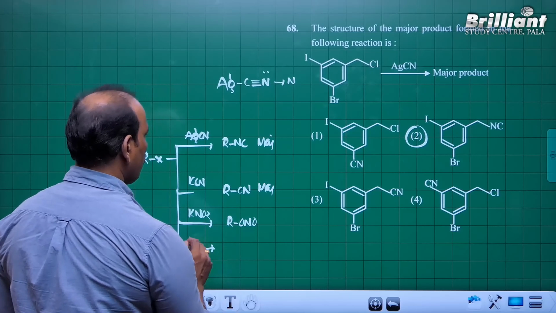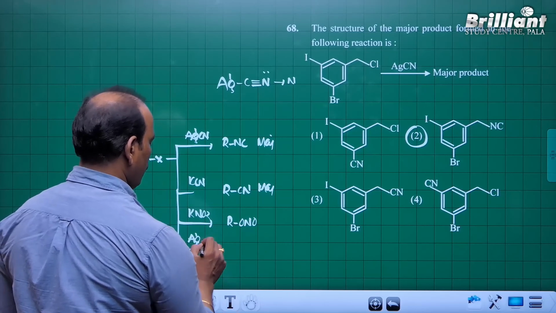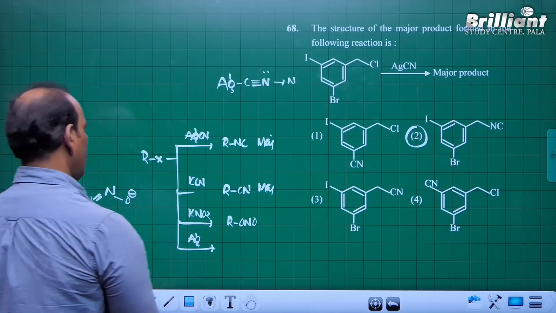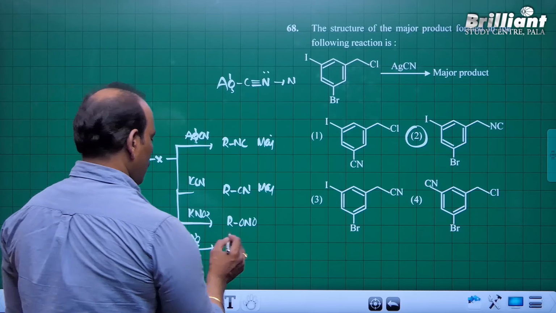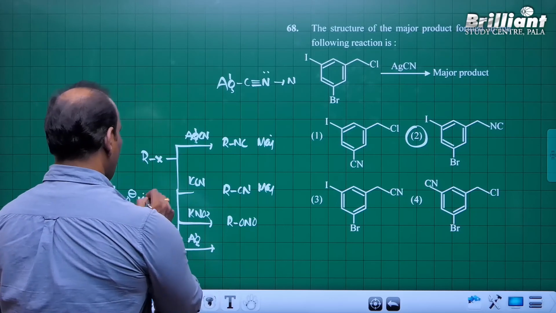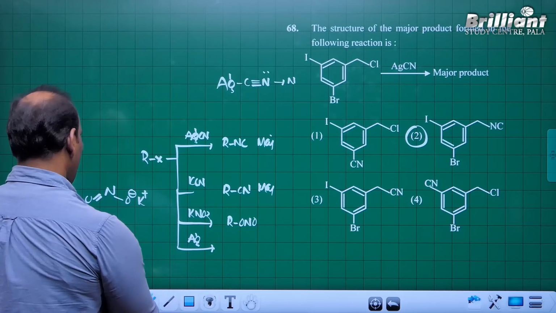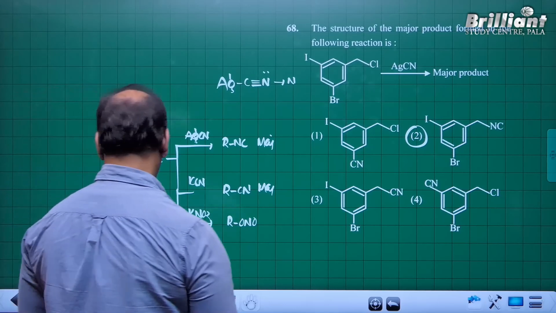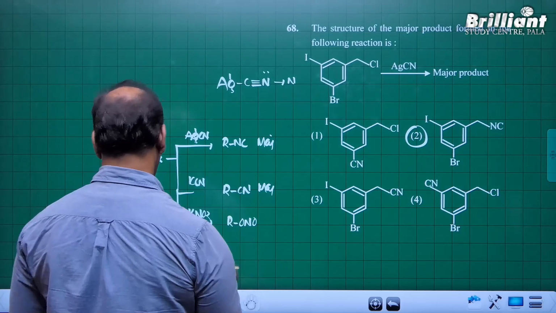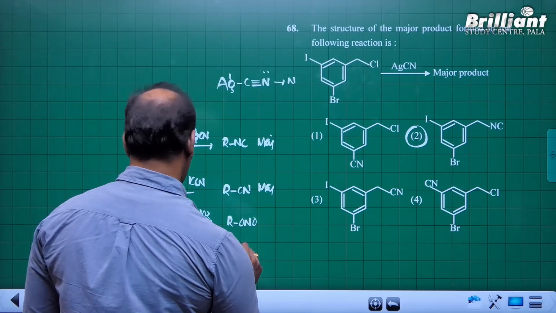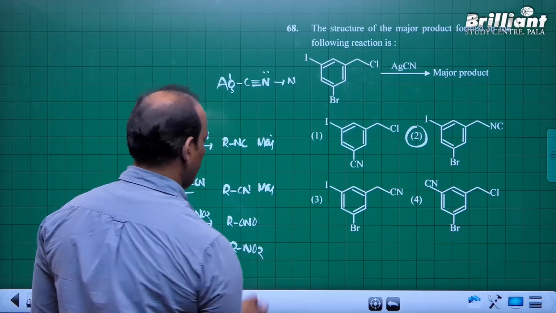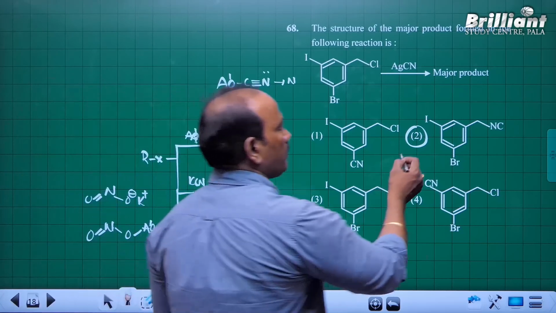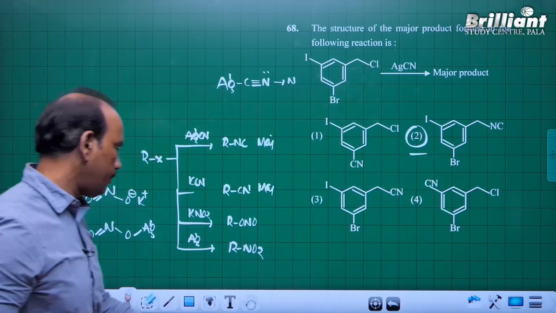Then when you use AgNO2, with the N double bond O, we get R-NO2. Clear? We know this one. So the option is this part.